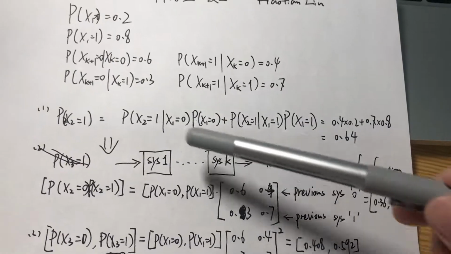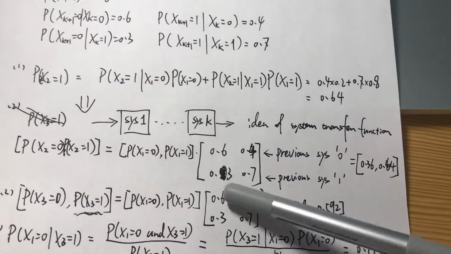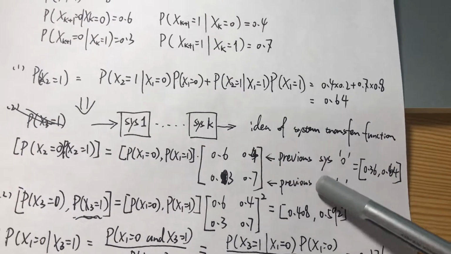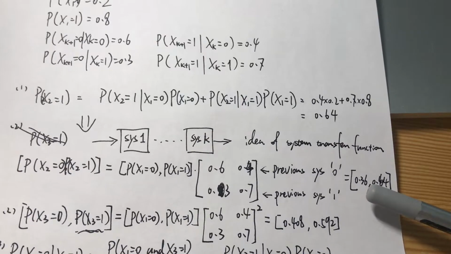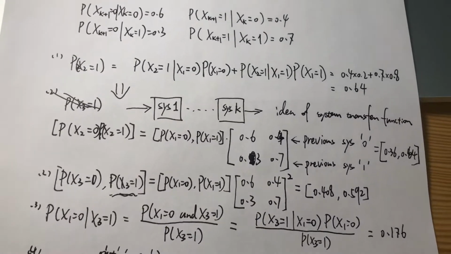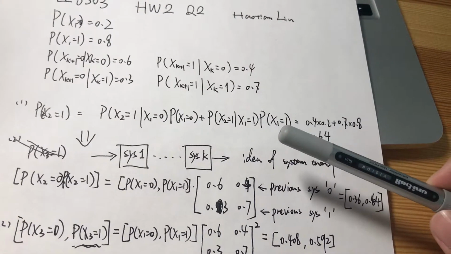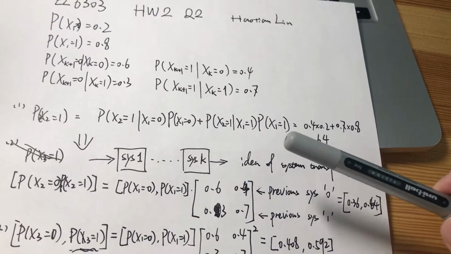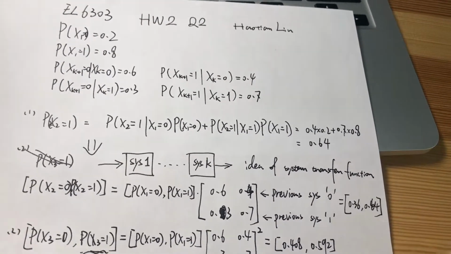This number here is exactly this four out here. So the outcome is 0.36, 0.64, which is exactly what we got with the conditional probability, so it's identical.